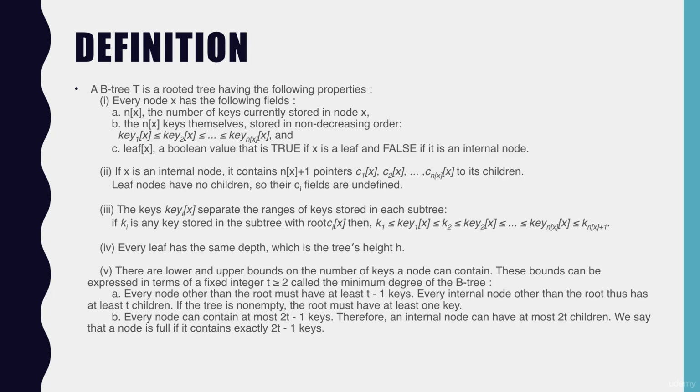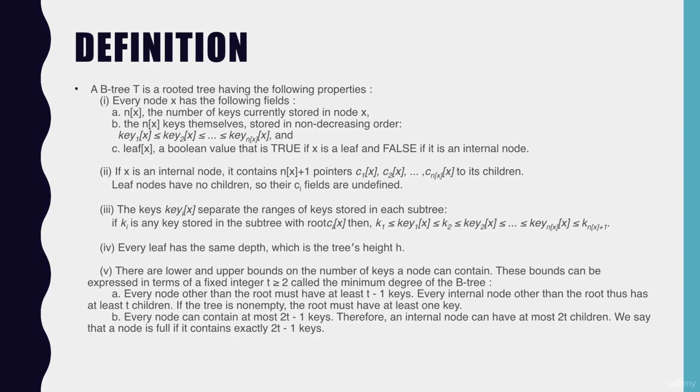Every node x has the following fields: n[x], the number of keys currently stored in node x; the n[x] keys themselves stored in non-decreasing order, which is key1[x] less than or equal to key2[x] less than or equal to key3[x], and so on till key n[x][x]; and leaf[x], a boolean value that is true if x is a leaf and false if it is an internal node.